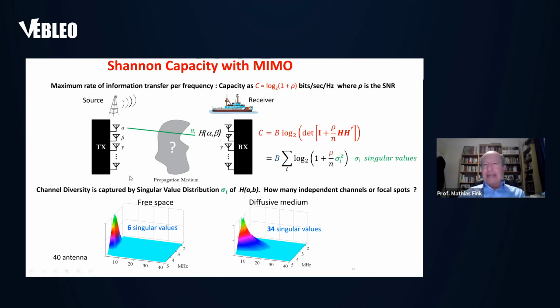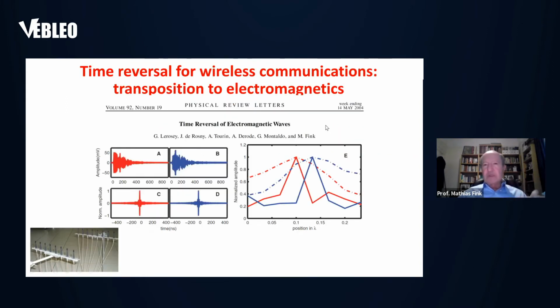All these nice ideas on MIMO can now be used with electromagnetic waves and not only with ultrasound like we have done. And we were the first to do this with electromagnetic waves. And we showed that for electromagnetic waves in a room, we can also focus very nicely on very small spots to send different information through a complex medium.